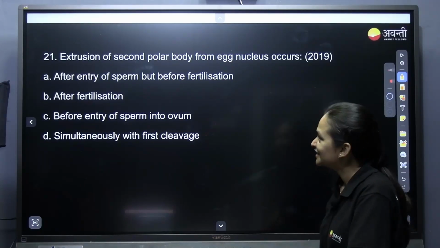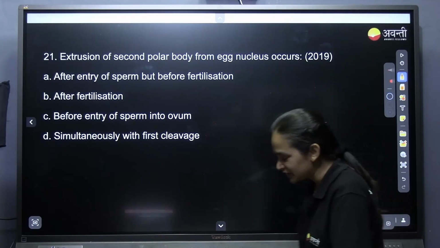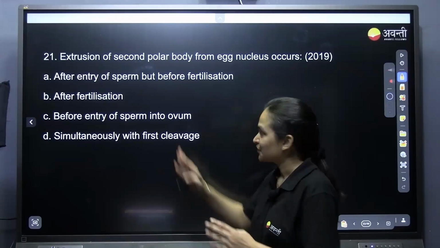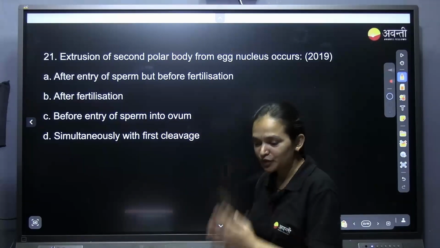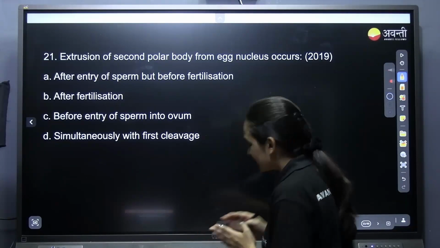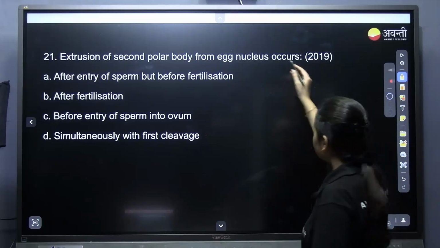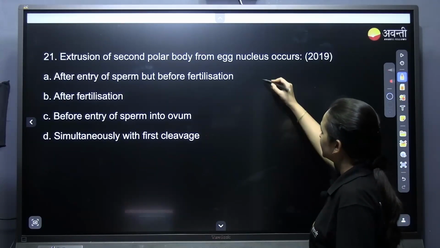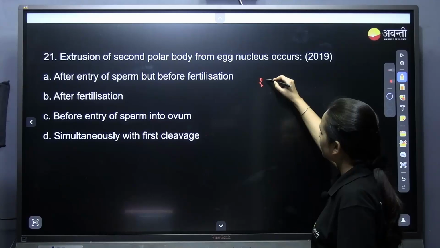So it happens after the entry of the sperm but before the fusion, understanding? See for example there will be primary oocyte.